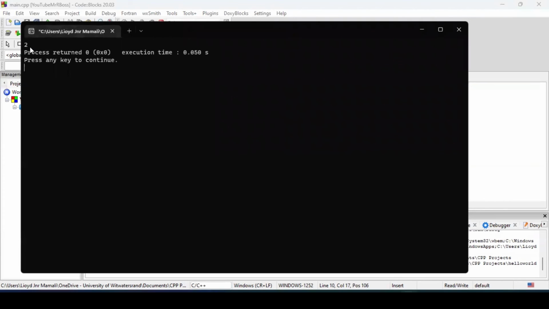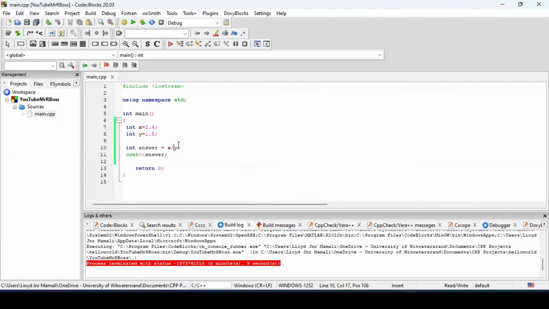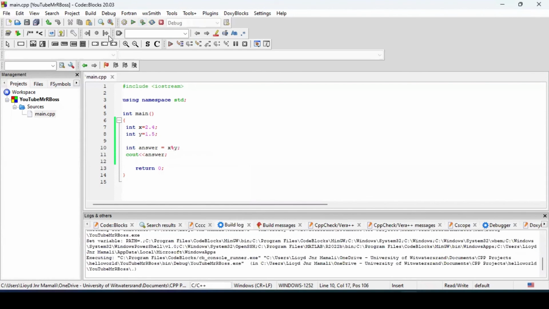We get an answer of 2 because instead of it outputting 1.6, it's rounding that up to an answer of 2.0. So the modulus, which is the remainder of 2.0, is a 0. That's why if we replace this with the modulus, it's going to give us an answer of 0.